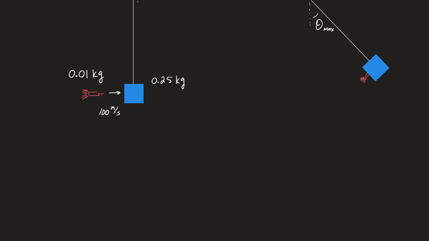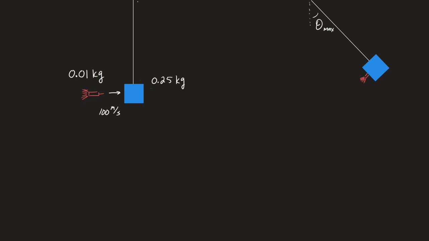You have to be aware that there are two parts to this problem. There's the collision portion of this problem, which is the instant before the dart touches the block and the instant after the dart touches the block. That's being left out because after that collision, the dart and block are one object that swing upwards.